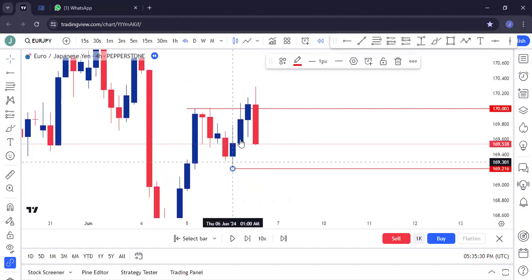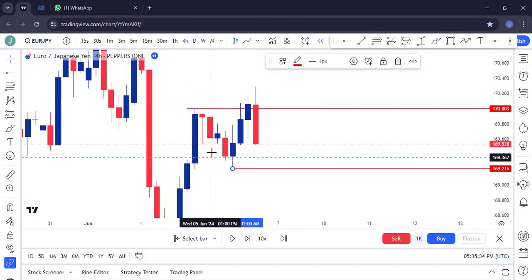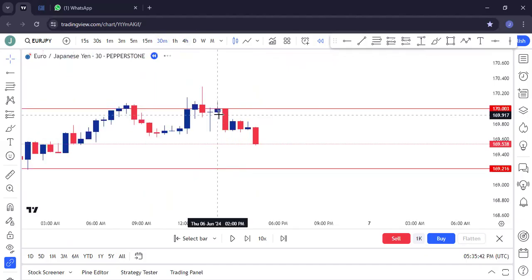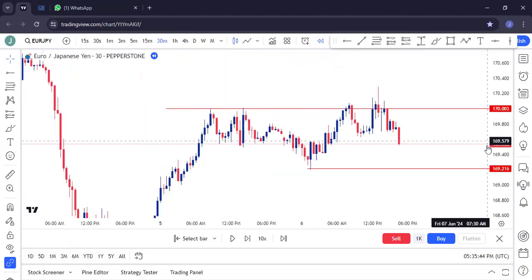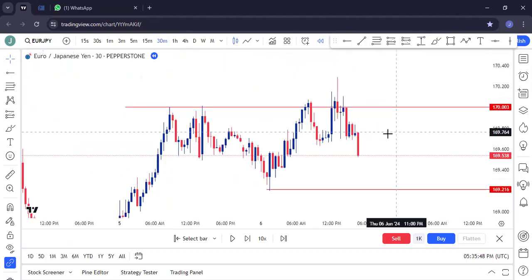Price will trade below this low. So what we do now, we go to the coordinated time frame, from 4 hours to 30 minutes, to find change of character with inside formation.